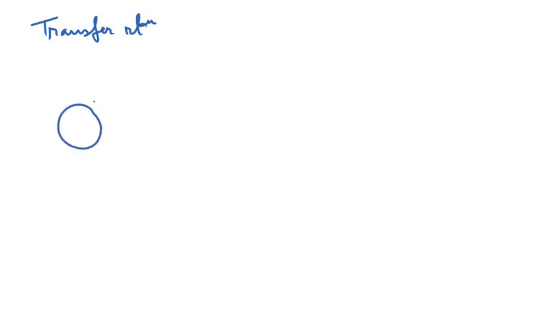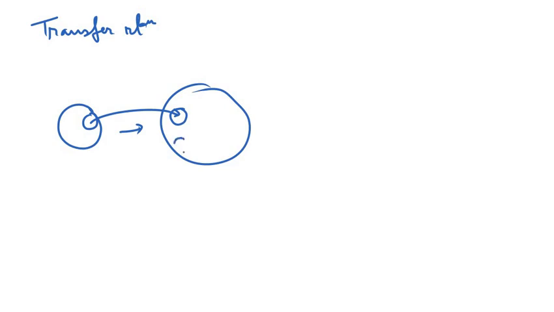If this is a projectile and this is a target, then what happens is a part of the projectile gets transferred. In fact, sometimes a part of the target can also be transferred to the projectile. So there is transfer of nuclei between the projectile and the target. Okay.